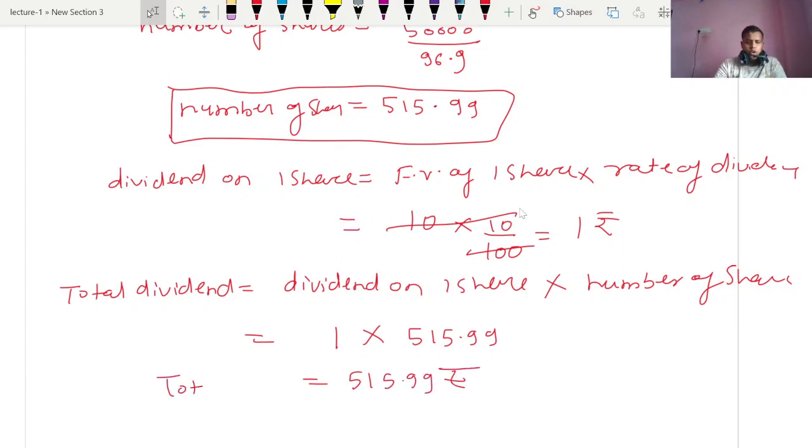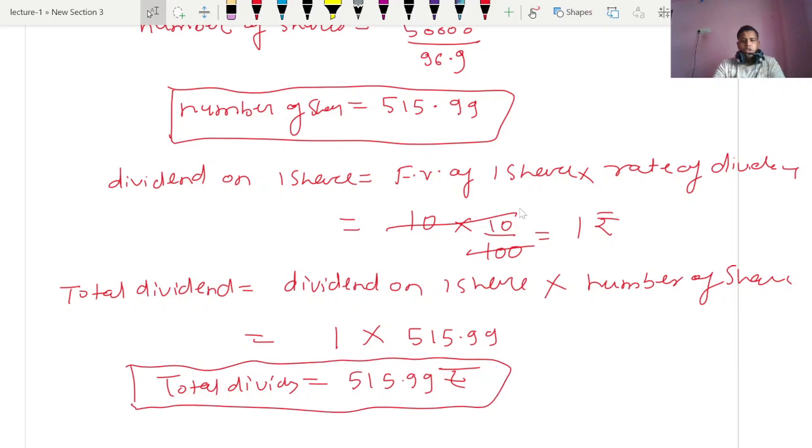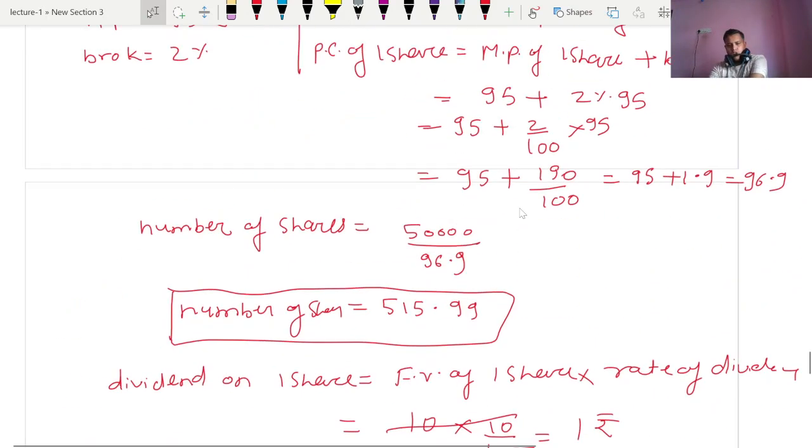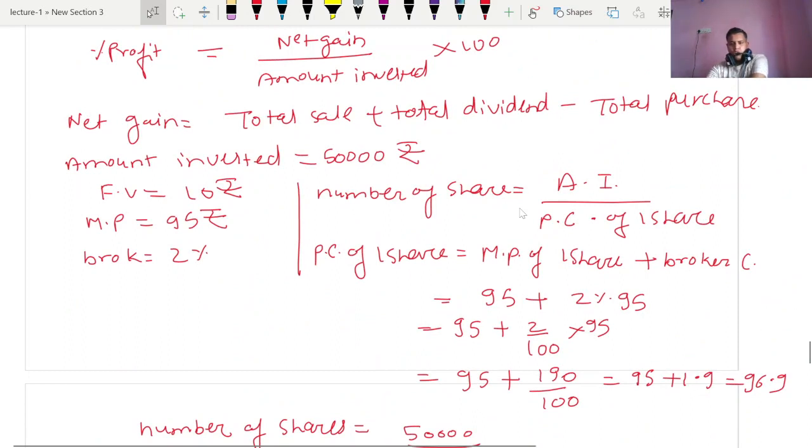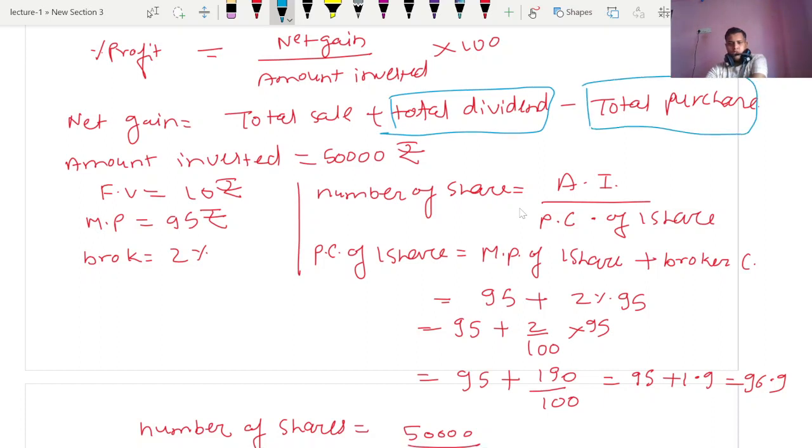So we got total dividend. Now we know the total purchase is 50,000. Now I have to find out total sell.